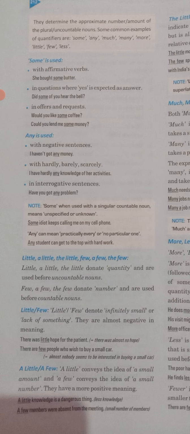Same with few: there are few people who wish to buy a small car. Few people means almost nobody, not a good quantity. There are only few people. But if I say a few members were absent from the meeting, a few members, it shows a positive impact: not most members were absent, a few were absent.